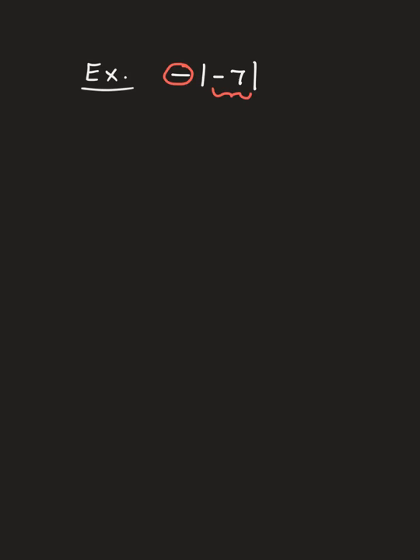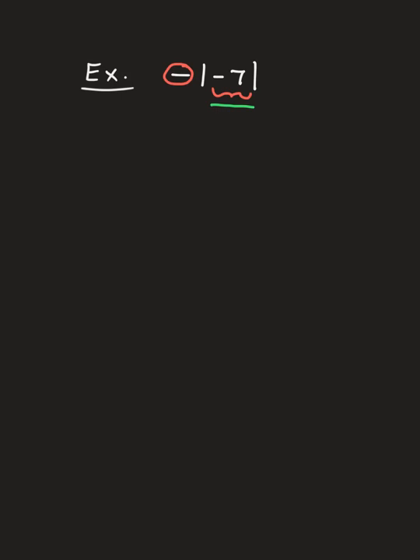Sometimes we can be tempted to take a look at this problem and think minus a negative becomes plus a positive. But because there's absolute value bars there, I can't simplify that way until I evaluate the absolute value. So the first thing we need to do is determine what the absolute value of -7 is.